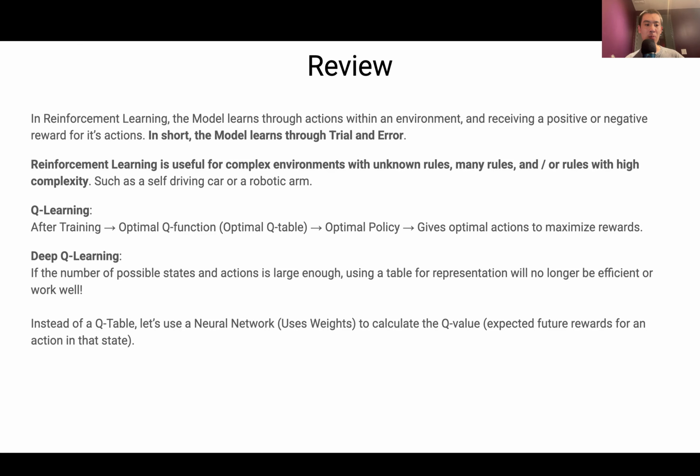However, if the number of possible states and actions is large enough, using a table for representation will no longer be efficient or work well. And that's where deep Q learning comes in. Instead of a Q table, let's use a neural network which uses weights to calculate the Q value, the expected future rewards for an action in that state.